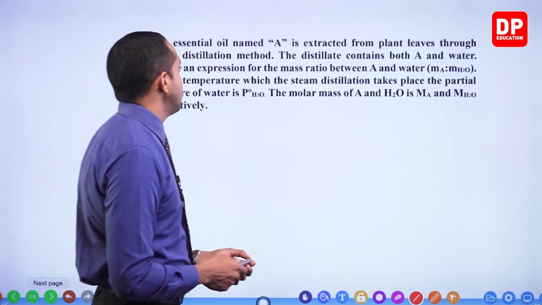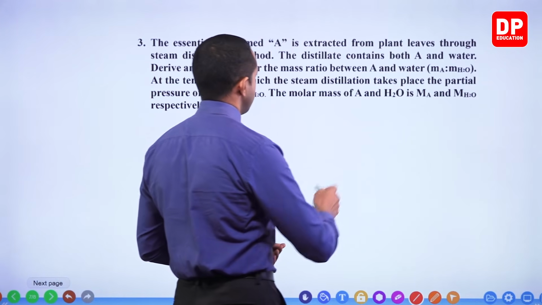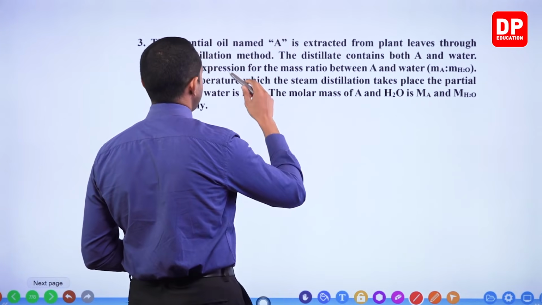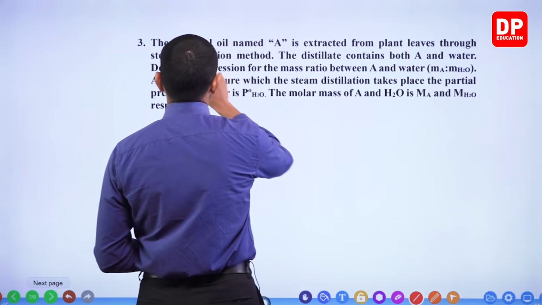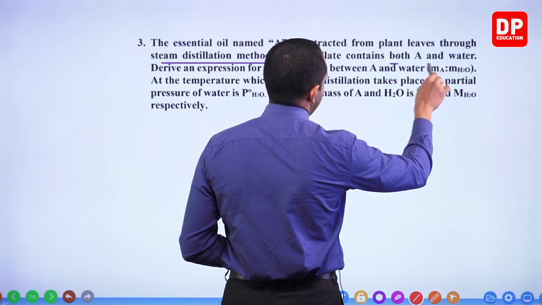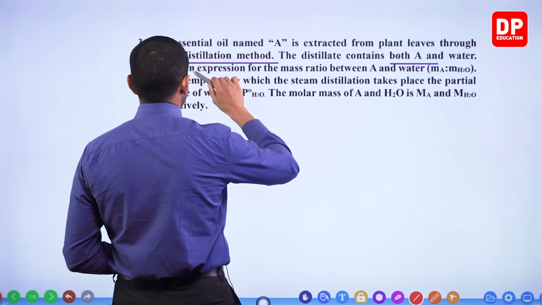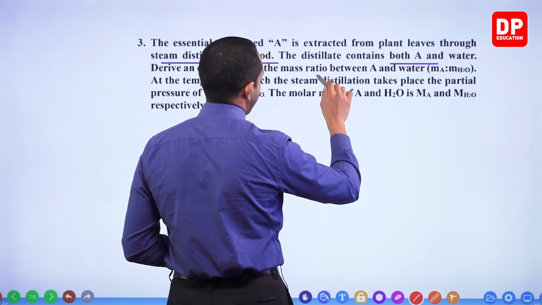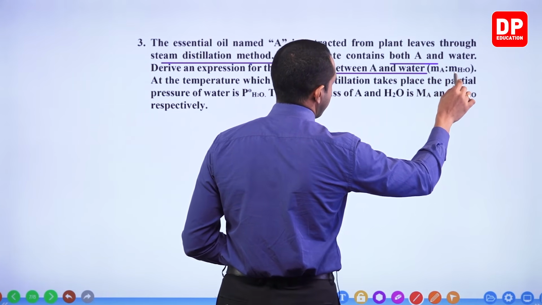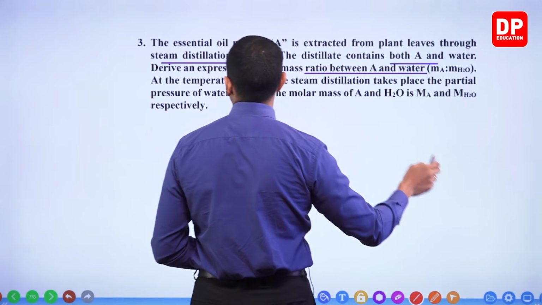The essential oil named A is extracted from plant leaves through the steam distillation method. So we are using a steam distillation method. The distillate contains both A and water. Derive an expression for the mass ratio between A and water, which is given as m_A over m_H2O.